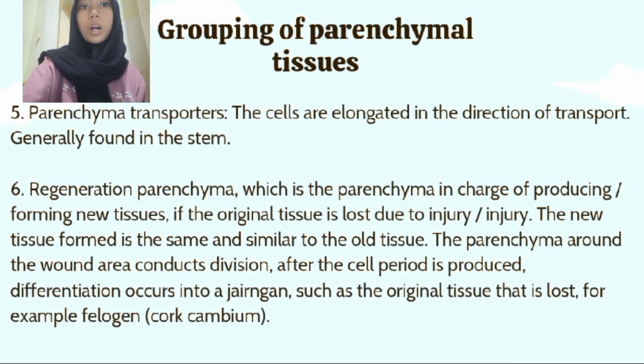The parenchyma around the wound area conducts division after which cells are produced. Differentiation occurs into tissues such as the original tissue that is lost, for example, phellogen, cork, cambium.